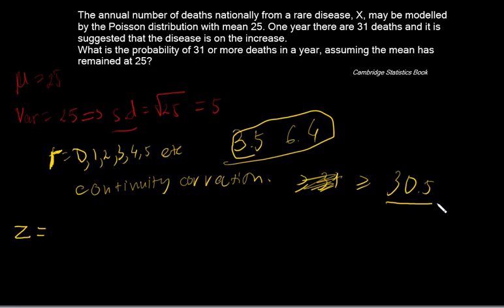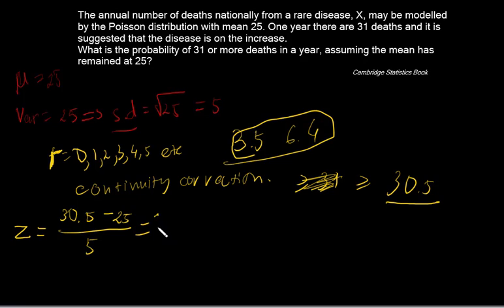Bigger or equal to 31 actually starts at 30.5, because if it was 30.5, we would round it up to 31. So saying bigger or equal to 31 is actually not as accurate as saying bigger or equal to 30.5.